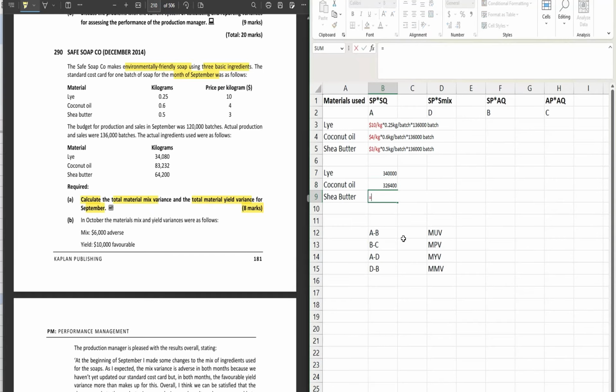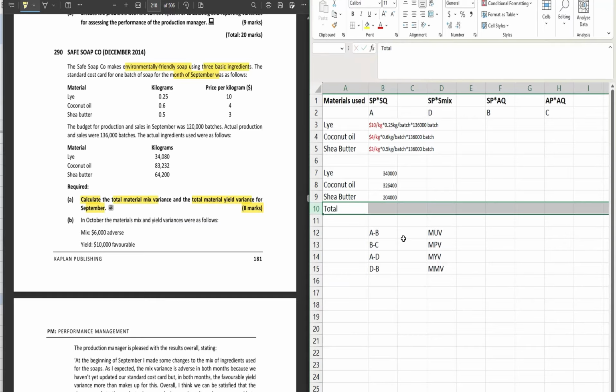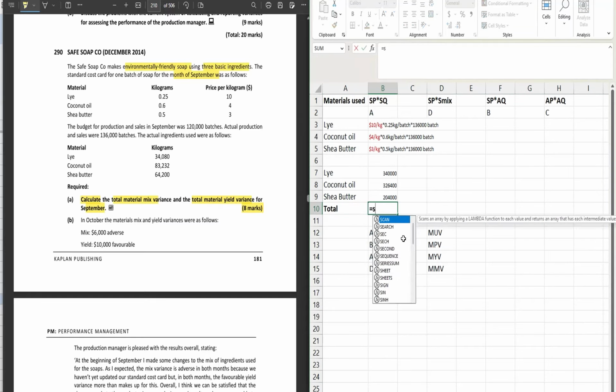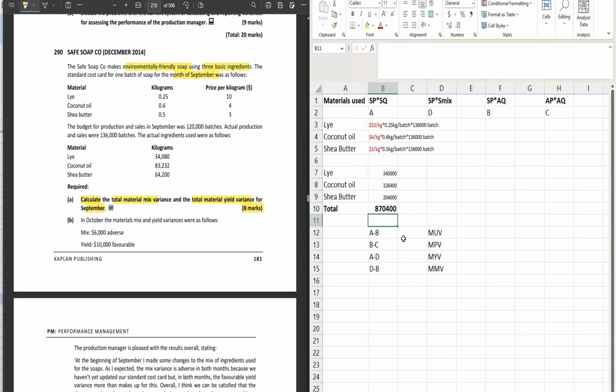Now 3 into 0.5 into 136,000. So we're done with SP and SQ. Okay. Remember, the question asks us to calculate the total variance. So don't forget that. So let's have a total for this. We got our figure. Now again, I will copy paste this one.